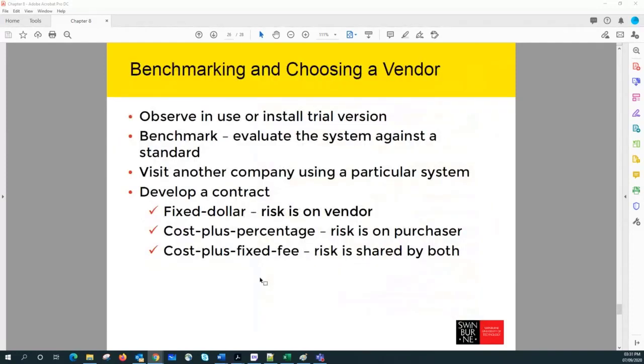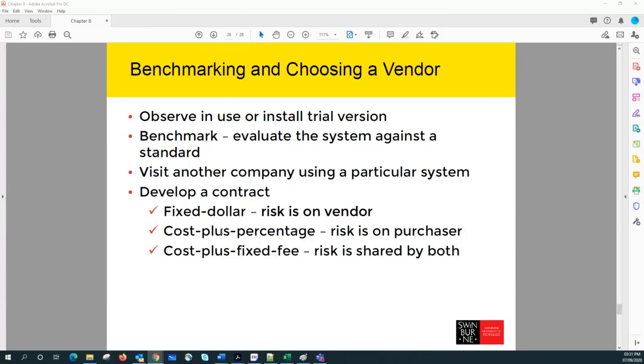Once we select a specific vendor, we can discuss a contract and sign with the vendor. There are different types of contracts available. We can have a fixed dollar contract. With a fixed dollar contract, the vendor takes the whole risk of the project, because if you go over on the project cost, the vendor takes the risk.